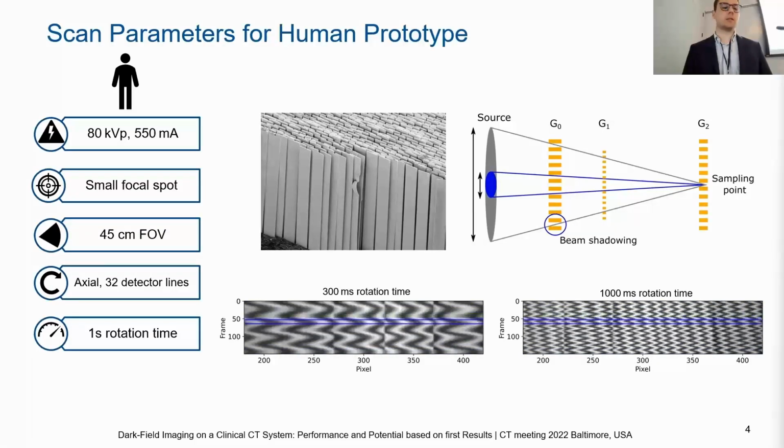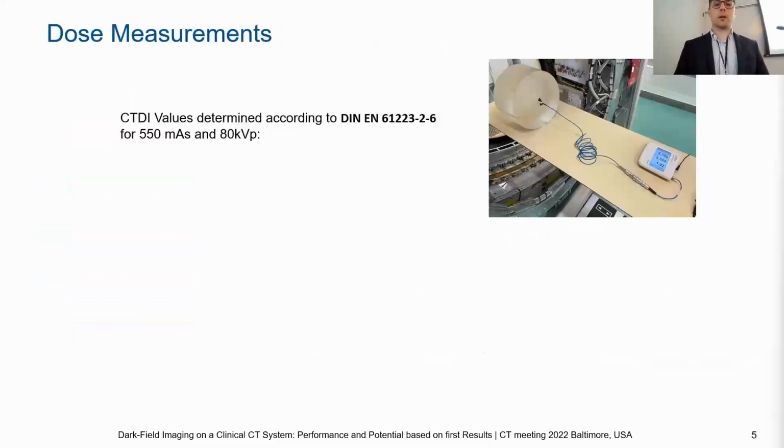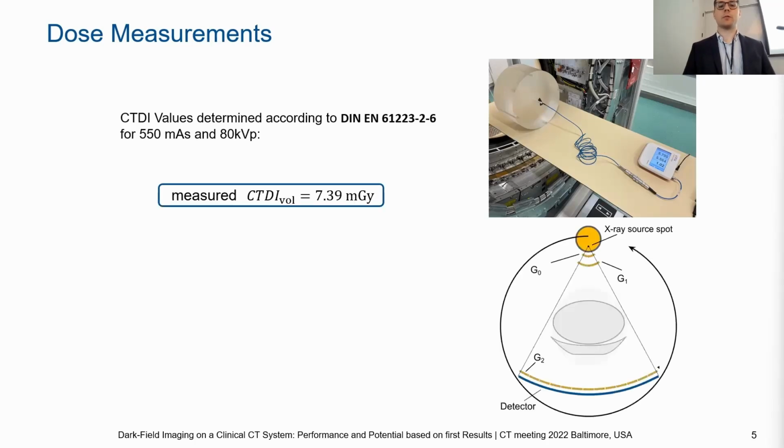This has two reasons. The first reason is that we need a fast sampling of our stepping curve. And the second reason is that it allows us to apply more dose. Speaking of the dose, we performed measurements of the perceived patient dose with a state-of-the-art measurement. And here we found that we measure a CTDI value of 7.4 milligray with the parameters I've just presented to you.